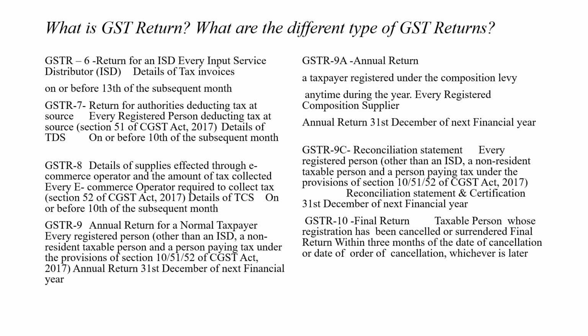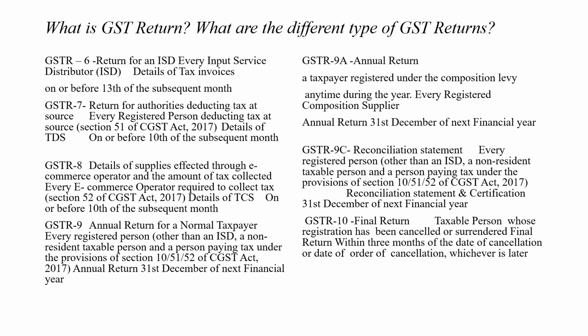Next, GSTR 7, return for authorities deducting tax at source. Every registered person deducting tax at source, section 51 of the CGST Act, details of TDS on or before the 10th of the subsequent month. Now come to the next form, GSTR 8.